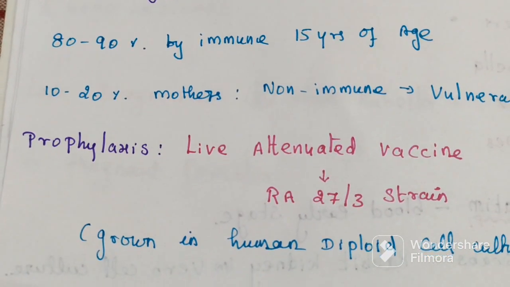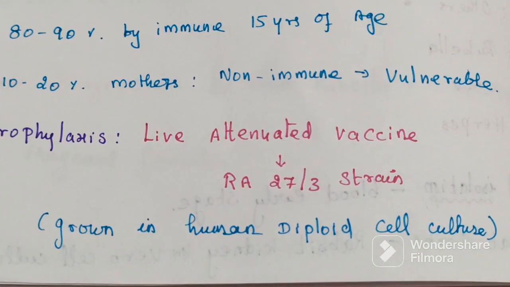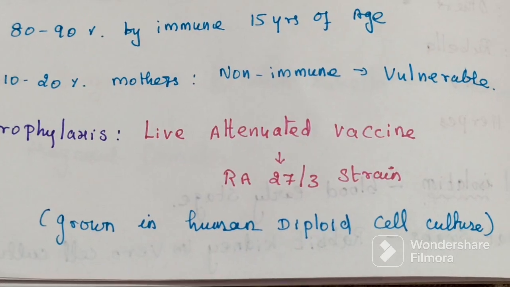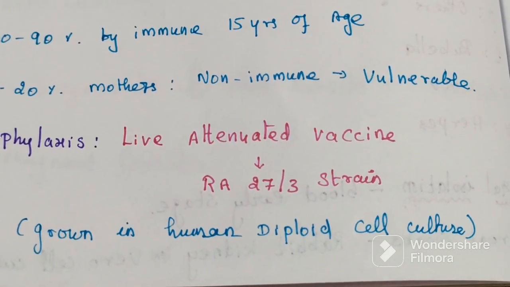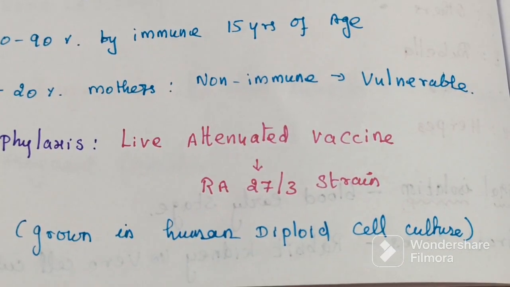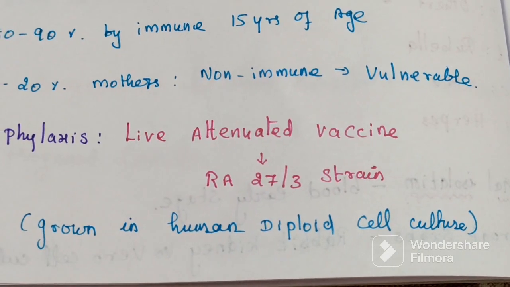Next, prophylaxis of rubella. Rubella infection provides long-lasting immunity. The prophylaxis mainly includes vaccines. The vaccine is a live attenuated vaccine with the RA27/3 strain, grown in human diploid cell culture.